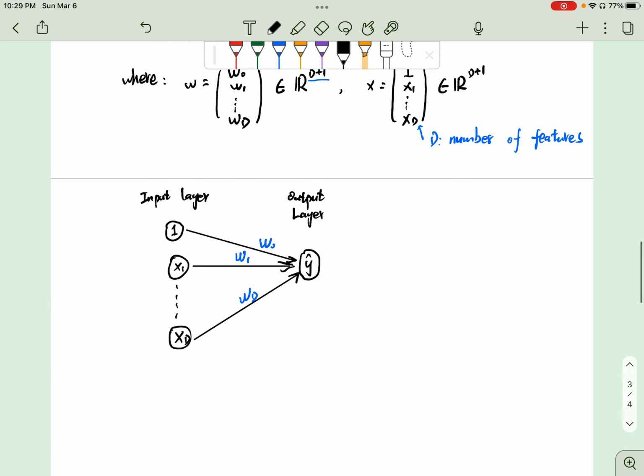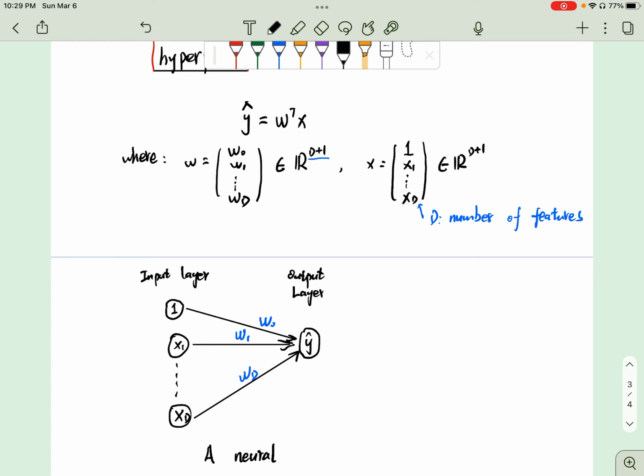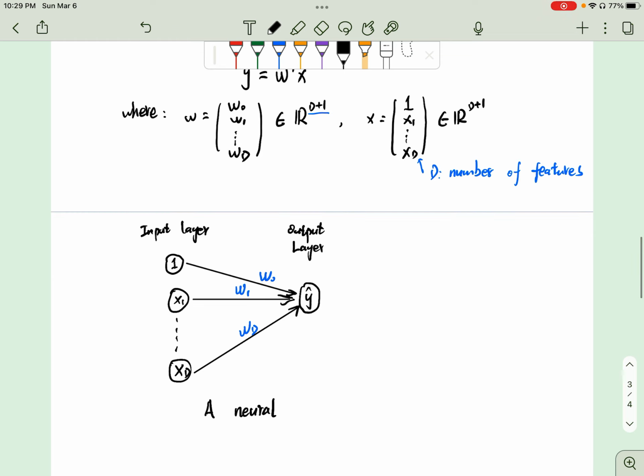So this actually forms a neuron. You may not be clear what a neuron is at this moment. No worries, I will talk about it in later videos. You can see I can also represent this regression problem in this neural form.